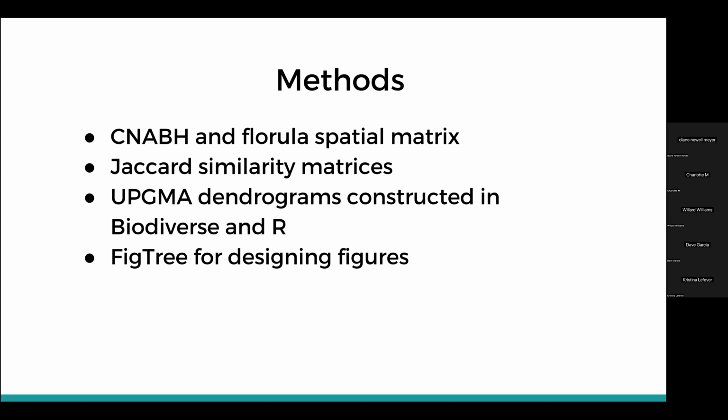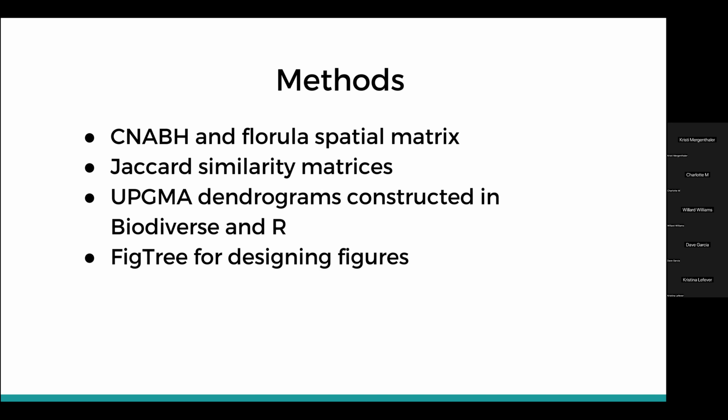And then some of the methods, not so important necessarily for your purposes, but we have this data set I just talked about, and then of course we have another spatial matrix that was extracted specifically from these published studies that studied a specific study area, whether it's a national park or state park. That's another data set. And then we did some analyses, and we created these UPGMA dendrograms.